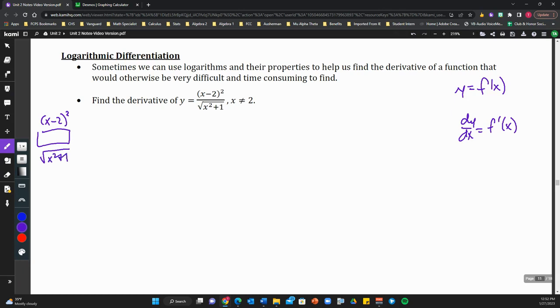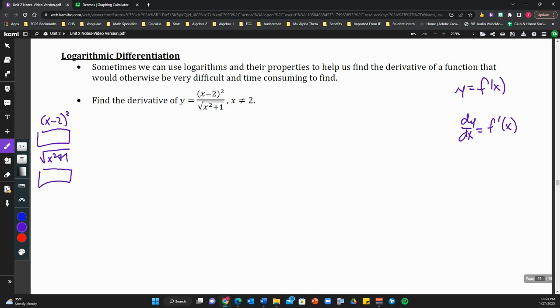That would require the chain rule along with that complicated format of u to the 1/2. That fractional exponent produces a negative fractional exponent, which means we've got to put that down to the bottom, and we have the chain rule involved in there as well. Then we have to do all the quotient rule process. It can be very, very time consuming to do all of that inside of one problem.